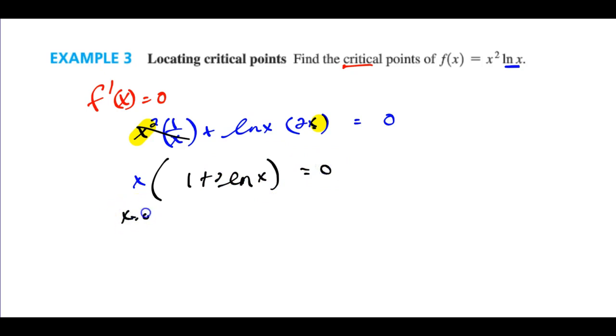So then either x equals 0 or 1 plus 2 ln x equals 0. Let's not write limit, let's write ln of x equals 0. So 2 ln x equals -1. So the ln of x is equal to -1/2.